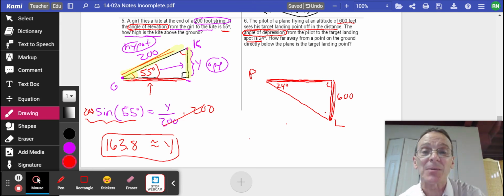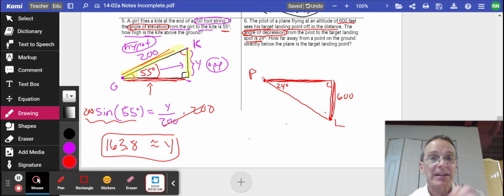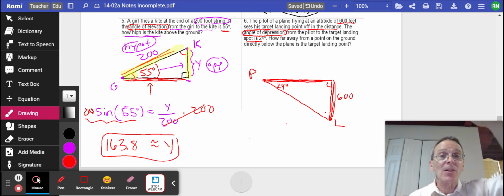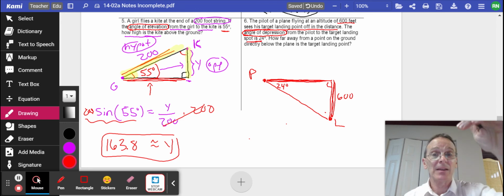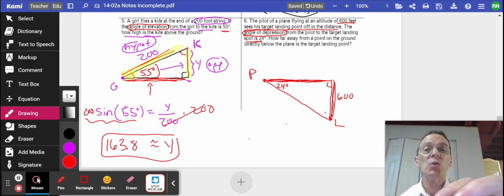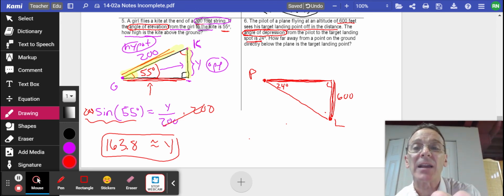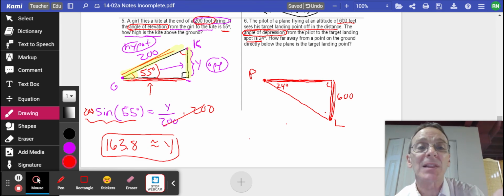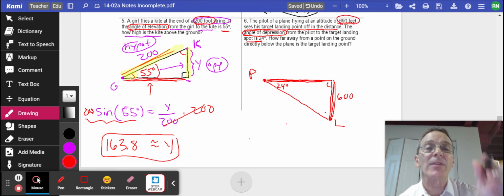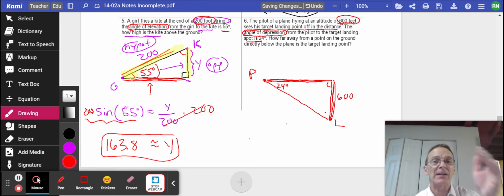So here is the pilot in the plane. It's this little dot in our picture. It's not a segment. The 600 feet, that length, is a segment. That distance is a segment. In these sorts of problems, you will be given lengths, and those lengths go along a side of the triangle somewhere.